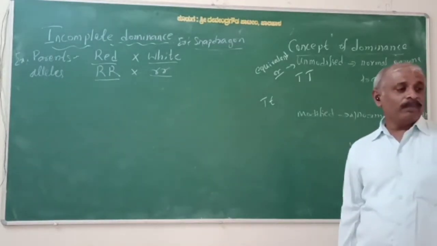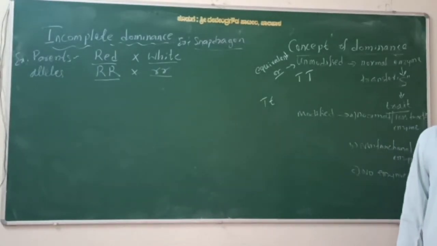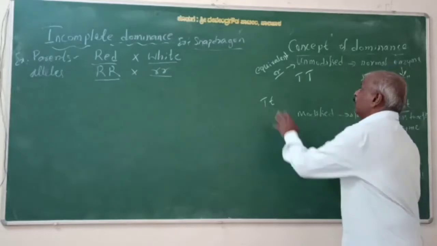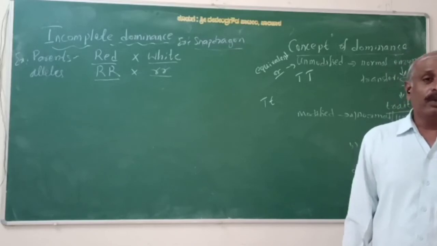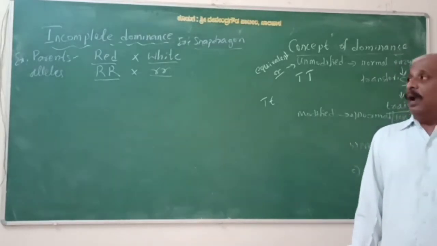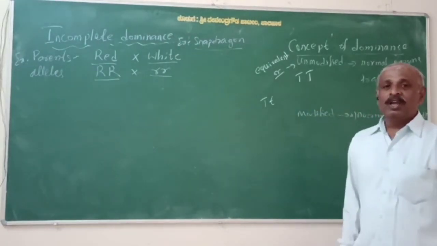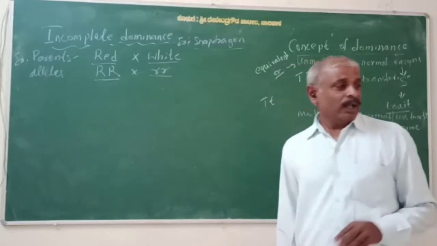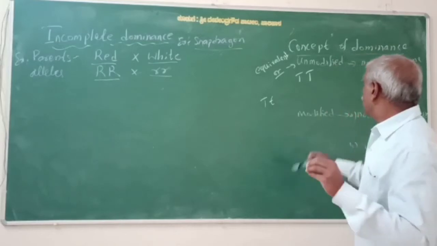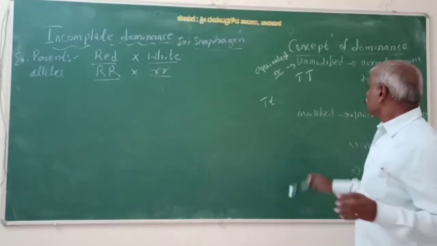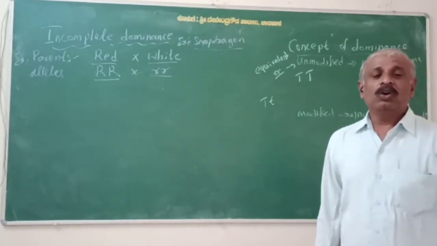That means the trait will depend on the functioning of the unmodified alleles or equivalent alleles, and that trait is considered a dominant one. Very clear that the trait will be dependent on the unmodified alleles because this produces the normal enzyme, and that trait is considered a dominant one.